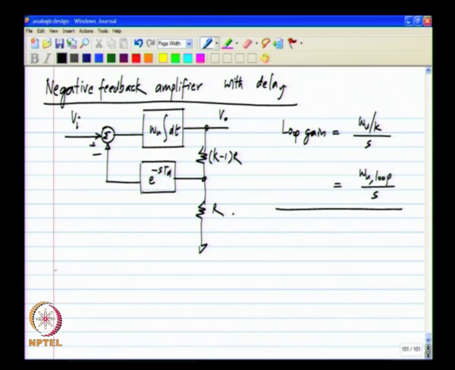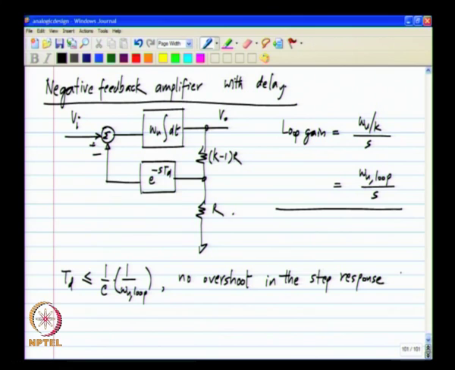So, our previous analysis shows that for Td less than or equal to 1 by e times 1 by omega u loop, that is 1 by 2.718 times the time constant of the integrator, we get no overshoot in the step response, and essentially it behaves like an overdamped system, that is for Td less than this number, it is equivalent to an overdamped system.